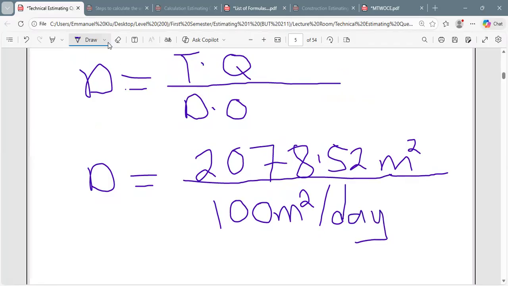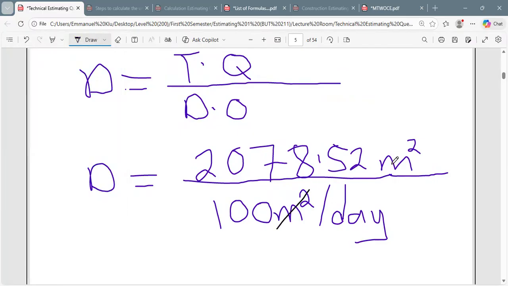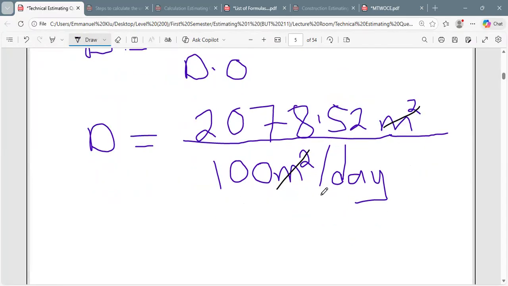Good. From here, what have you realized? You see that meter squared can take care of meter squared. And what are we left with? This 100. We can also shift this to here. So our duration is going to be 20.7852.